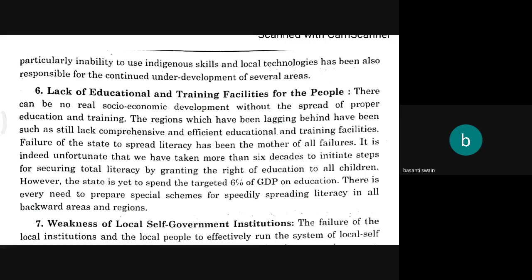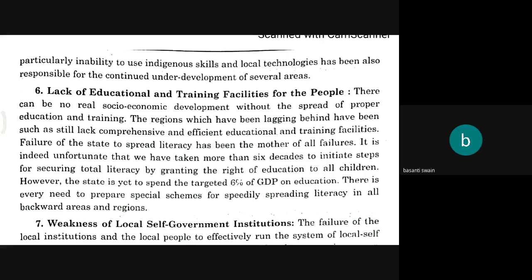But what happened? You see, particularly in the hilly areas and the tribal areas, school dropout and college dropout are maximum. The government is giving so many assistance and adopting different types of schemes, but they are not reaching the important space.